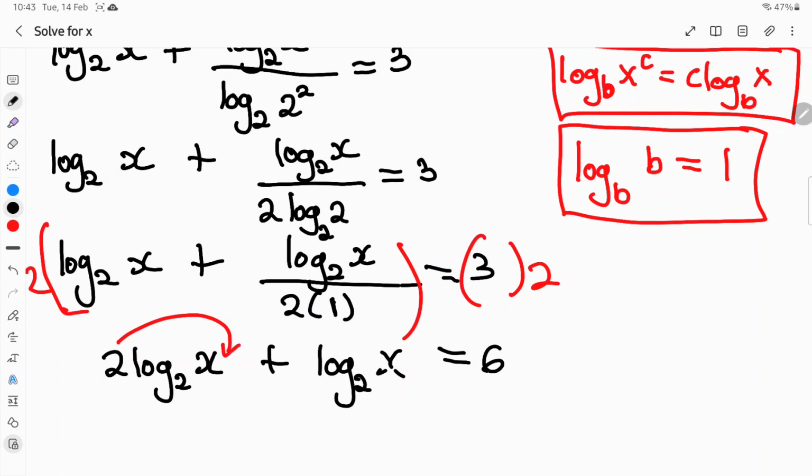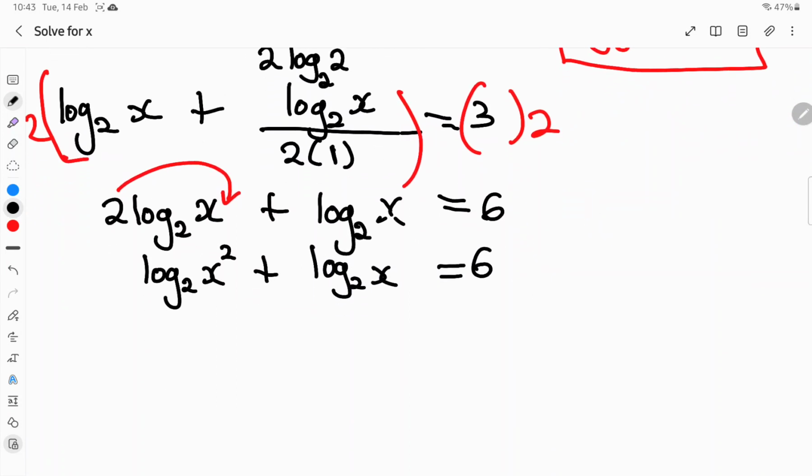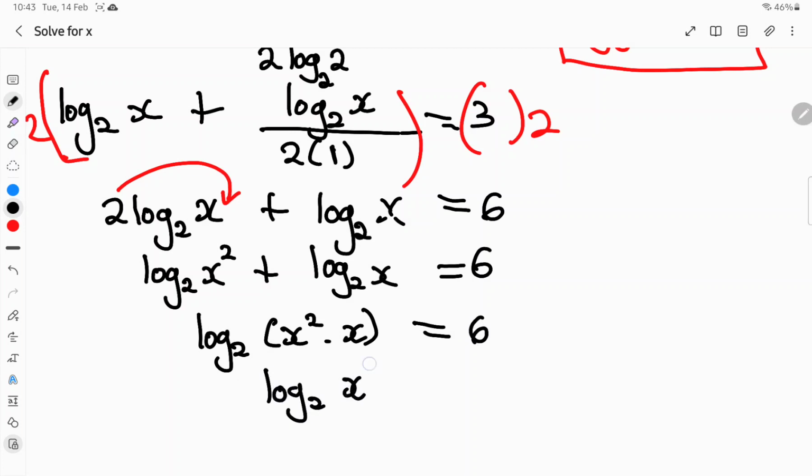So this will give us log base 2 of x to the power 2, plus log base 2 of x, equals 6. Then we say log base 2 of x squared multiplied by x, equals 6. And this is log base 2 of x to the 3, equals 6.